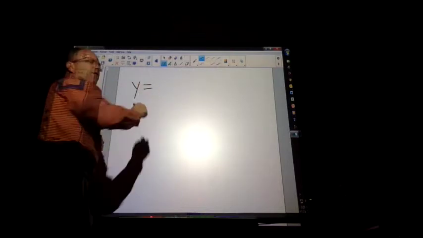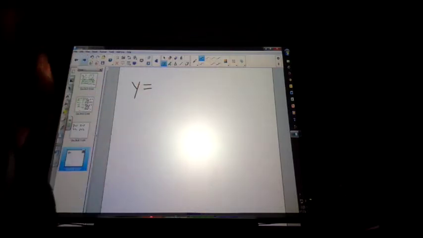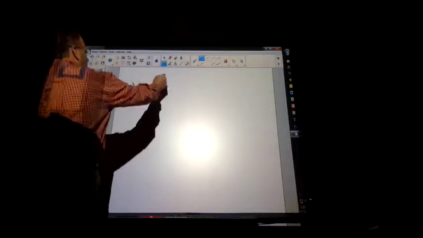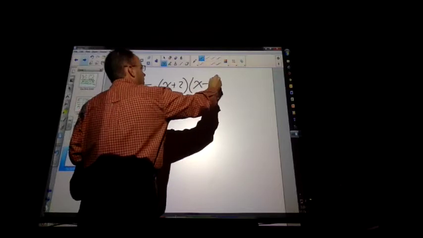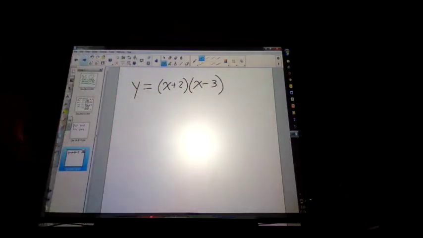All right. What if I had a graph? Let's say I factored a whole graph out into binomials. So let's say I had a graph like this. First off, what kind of graph would this be? Linear? Quadratic. Why is it quadratic?